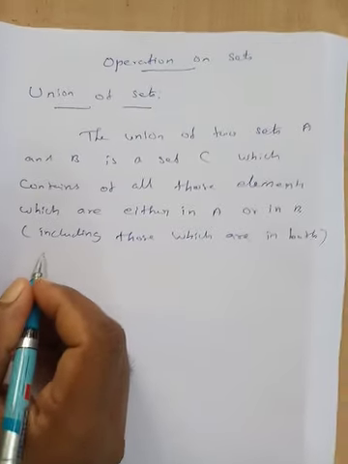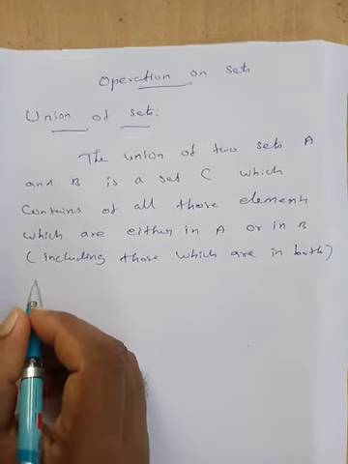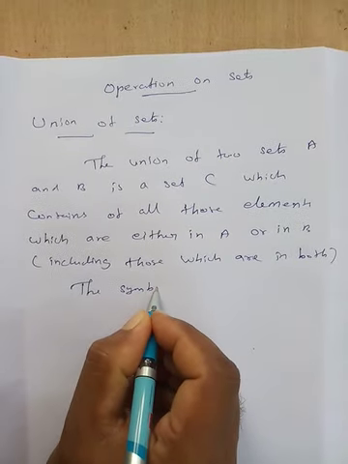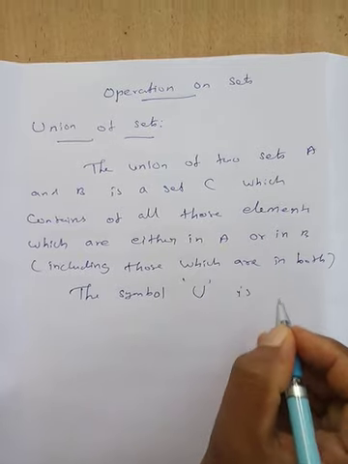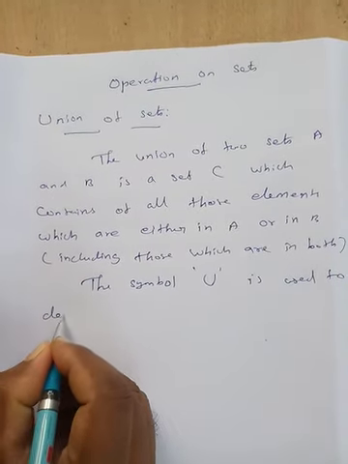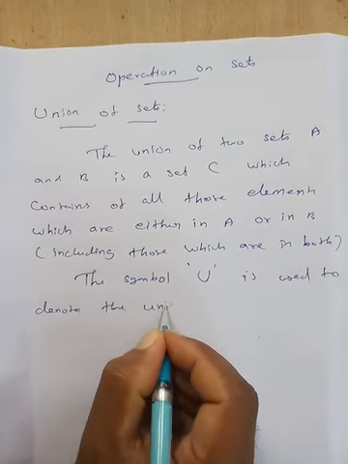Either in A or B, or including both. The symbol ∪ is used to denote the union operation.